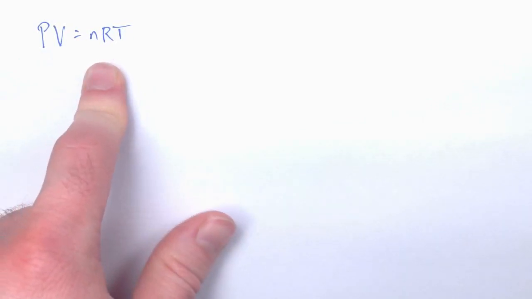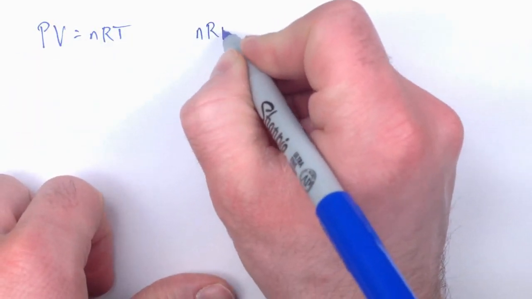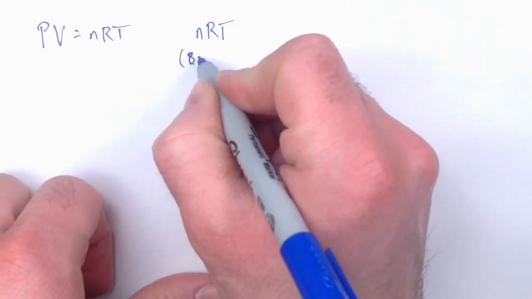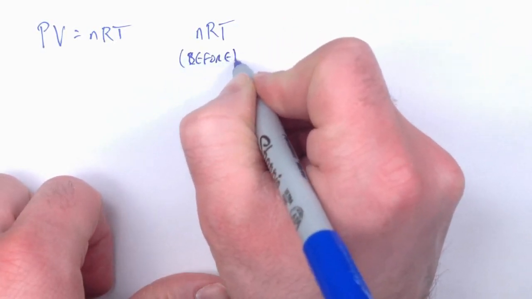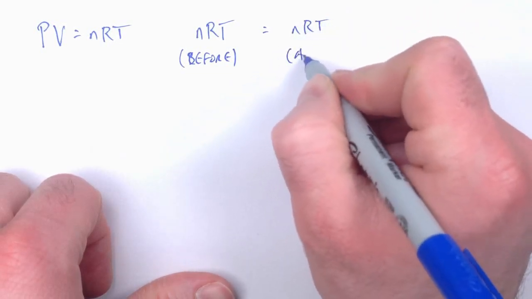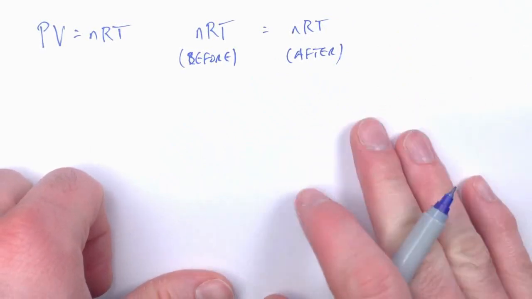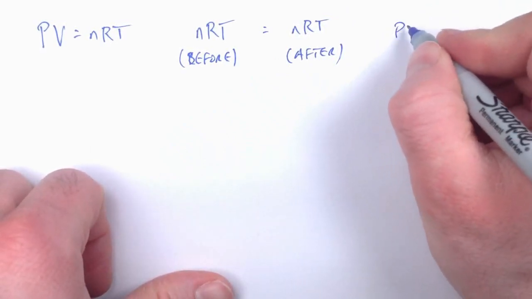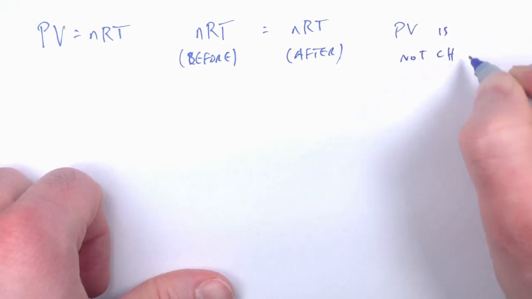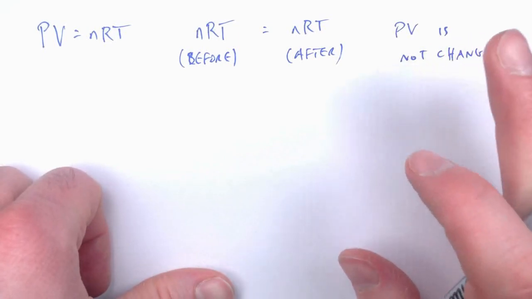So I'm just going to write it like that. nRT before equals nRT after. Remember, this is based on the assumption that the PV is not changing. Okay, this is an assumption that we're making.